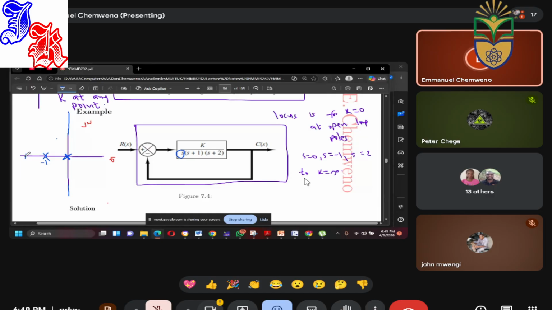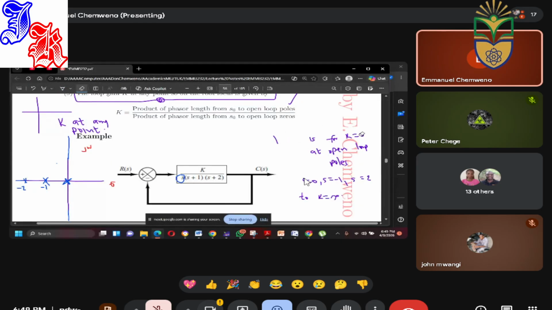And S is equal to -2 has a pole. Let me draw it better, here, so that I can have more space. x is equal to 0, -1, -2, sigma, j omega.